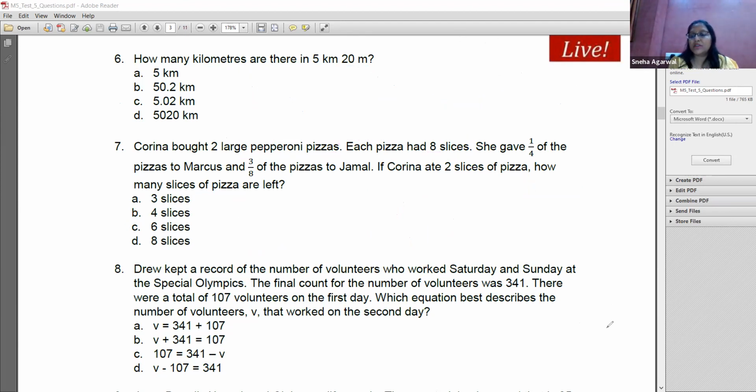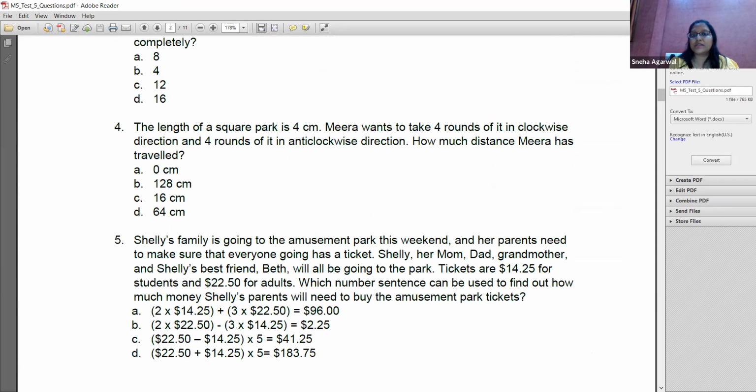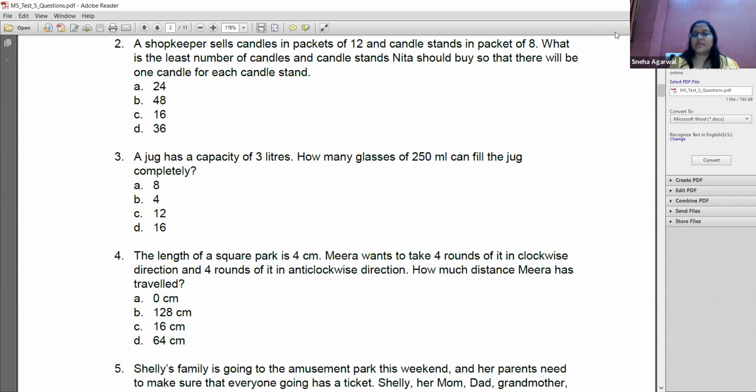See, guys, 250 ml was given as the capacity of a glass, right? So here you have to fill the jug completely, and the jug has a capacity of 3 liters. 3 liters means 3000 ml, since 1 liter is 1000 ml.